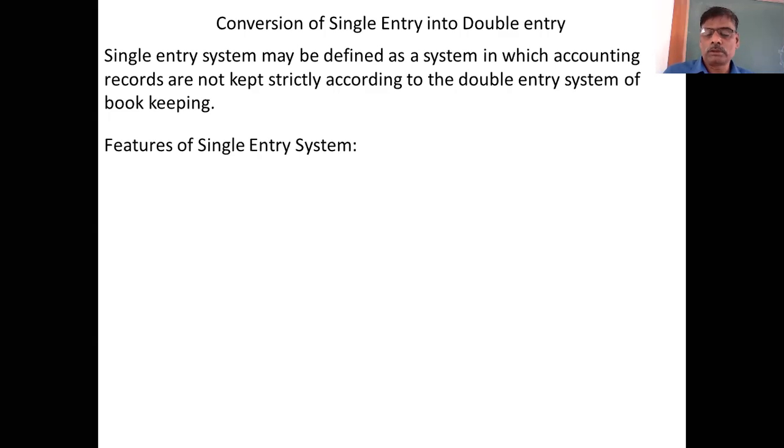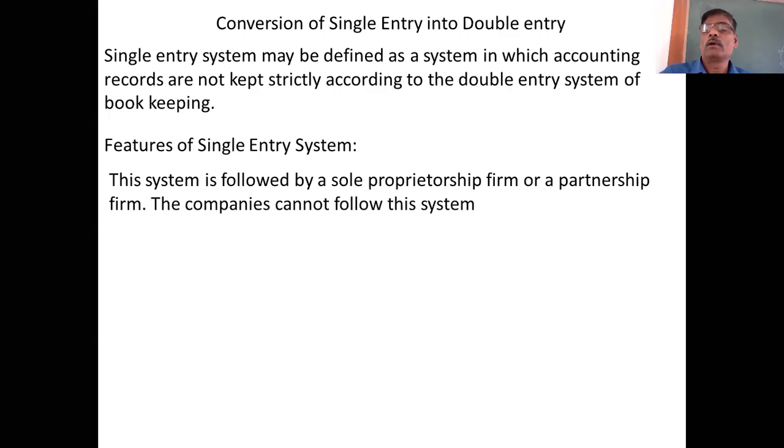Then come to the features of this single entry system. The first feature is that the system is followed by sole proprietor firms and partnership firms, who are not having the necessity of maintaining the double entry system of bookkeeping.